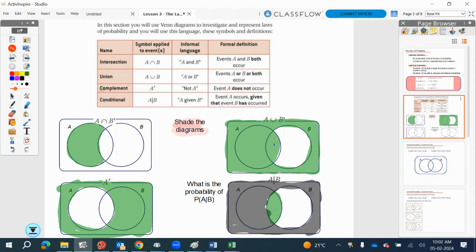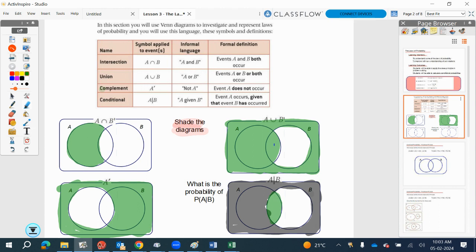A given B means B has occurred, so the rest disappears from the Venn diagram. And then we're looking at what's left of A. It's going to look like this. So this one, it's the green bit, but the grey bit has sort of been removed.